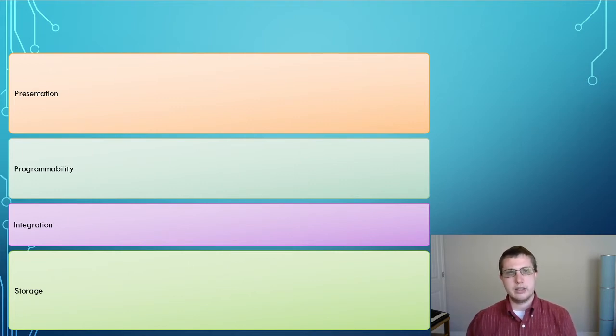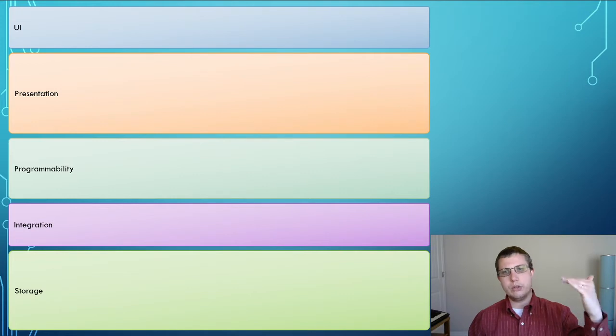And then on top of that, we have the UI, which translates that into something that you can see. Let's dive a little deeper into what each of these layers is comprised of.